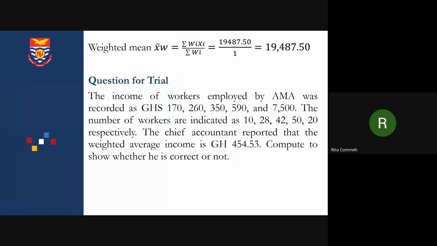Compute the weighted average income. The incomes are 170, 260, 350, 590.